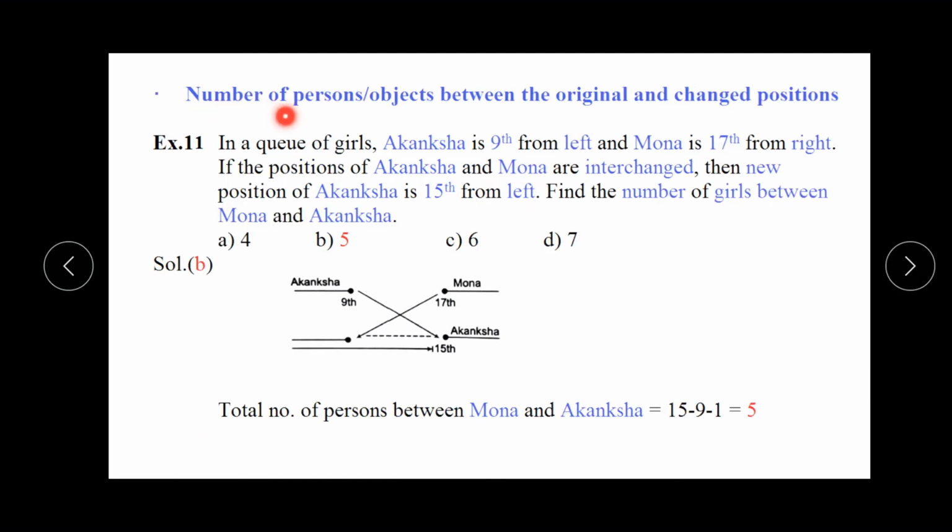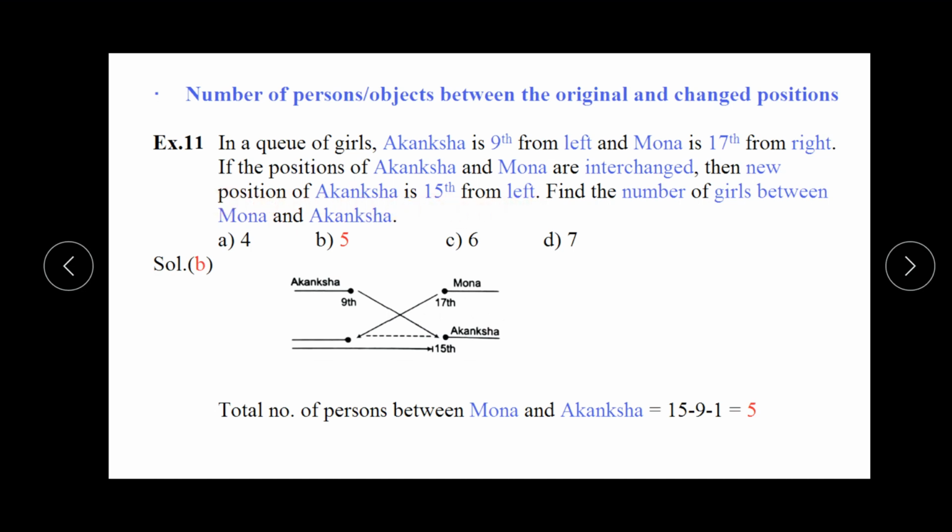The next type is the number of persons or objects between the original and changed position. In a queue of girls, Akanksha is 9th from left. Mona is 17th from right. If the positions of Akanksha and Mona are interchanged, Akanksha goes to Mona's position and Mona goes to Akanksha's position, then the new position of Akanksha is 15th from left.